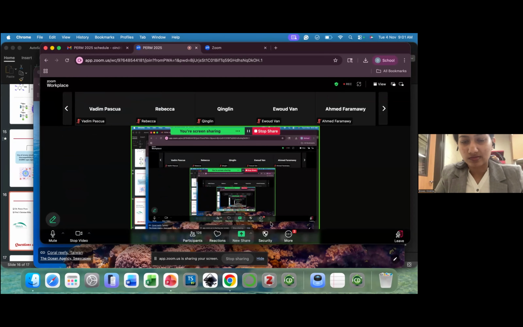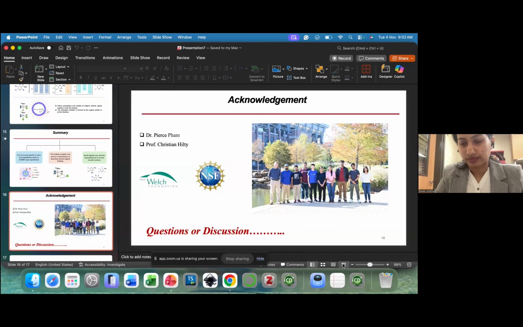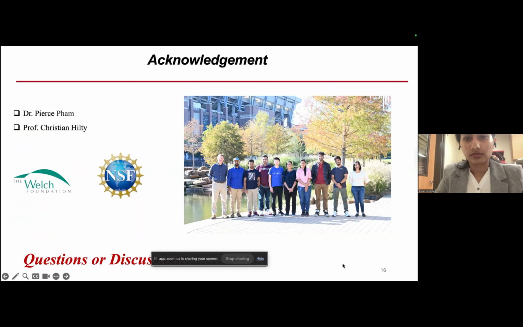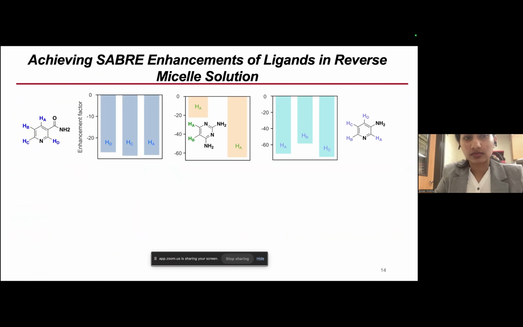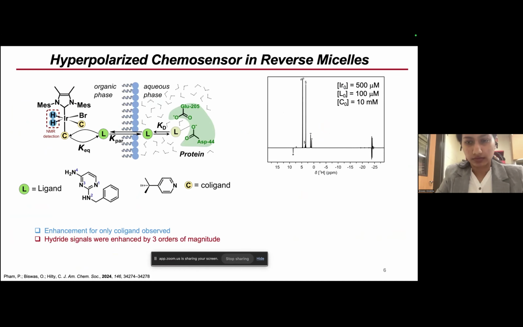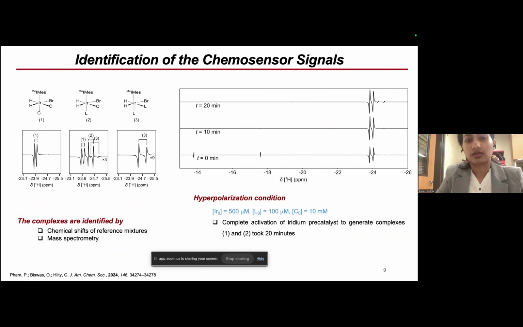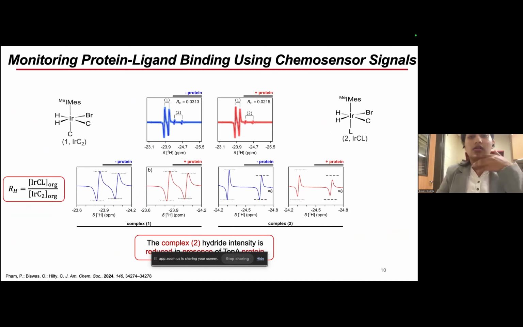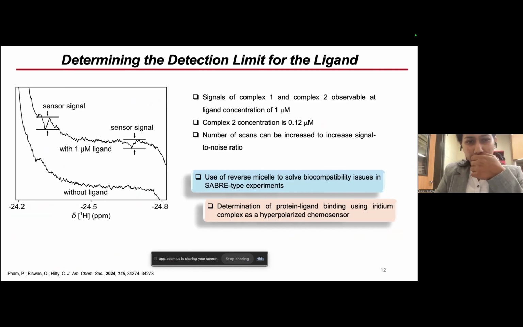I have one. For compound 2, you showed a sensitivity of something like 120 nanomolar, right? In terms of your sensitivity. Yeah, you just passed it. It was super impressive.